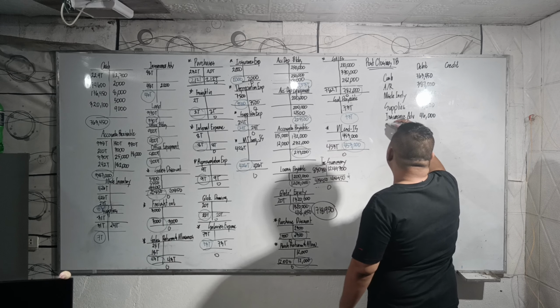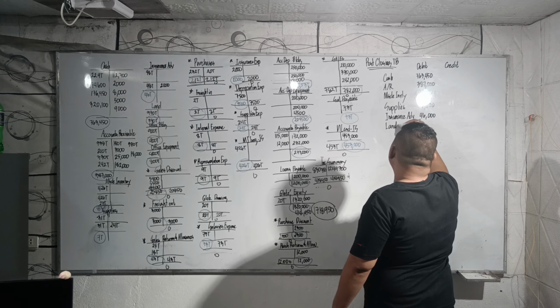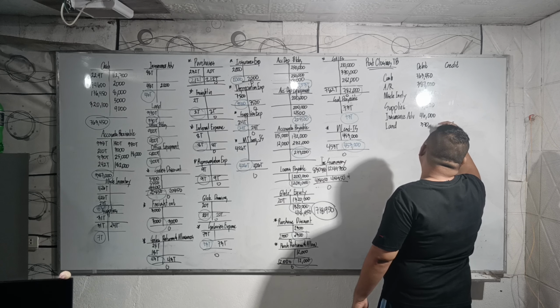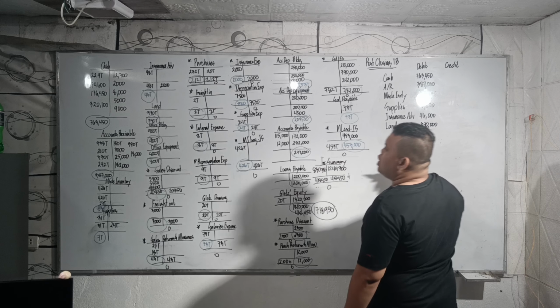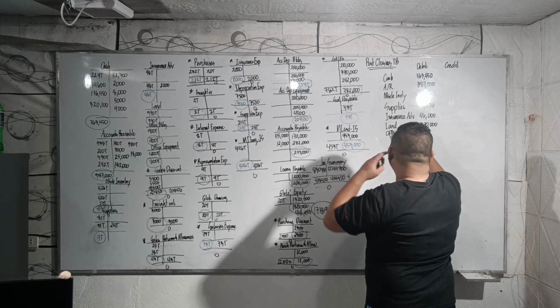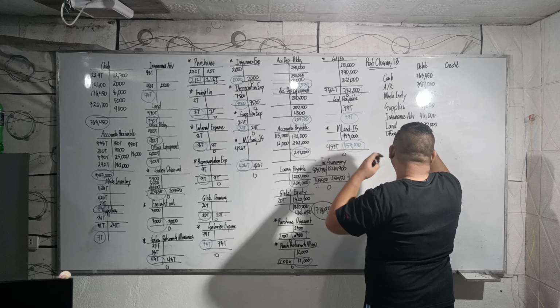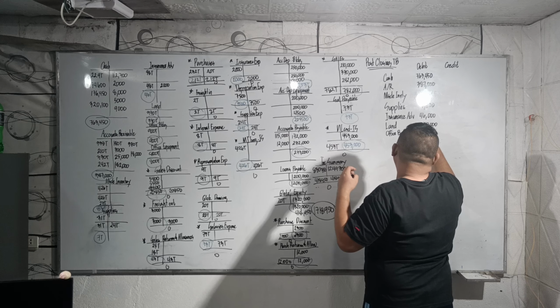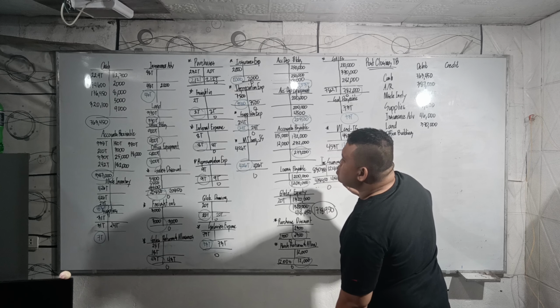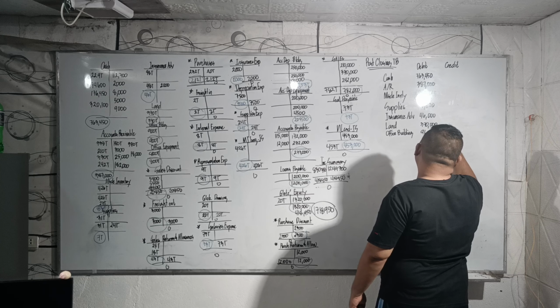We have land at 370,000. We have the office building. The office building is 900,000.